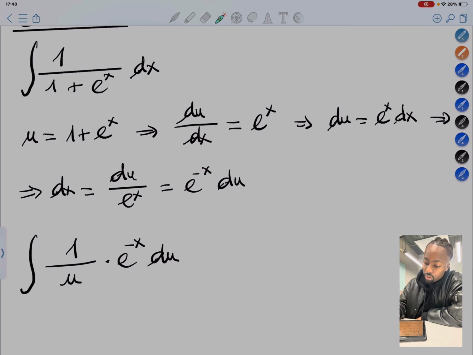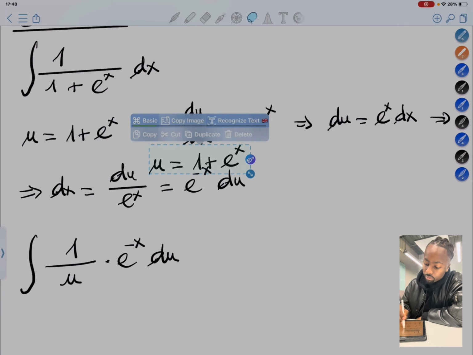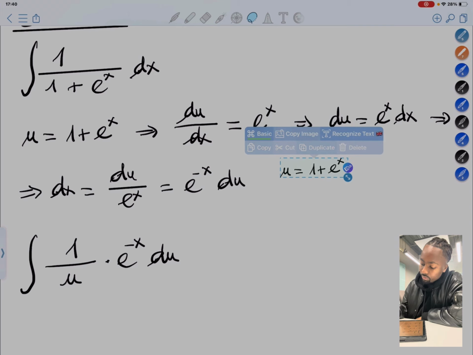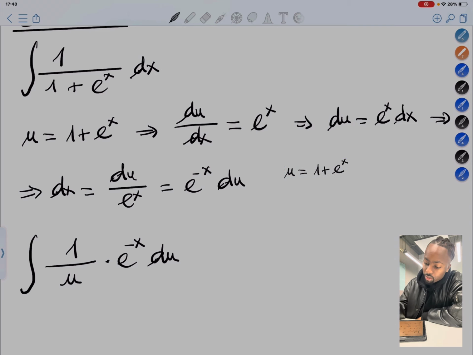If we consider this one here, if we take 1 to the other side, e to the power x would be equal to u minus 1, and now e to the power minus x would be 1 over e to the power x, right?